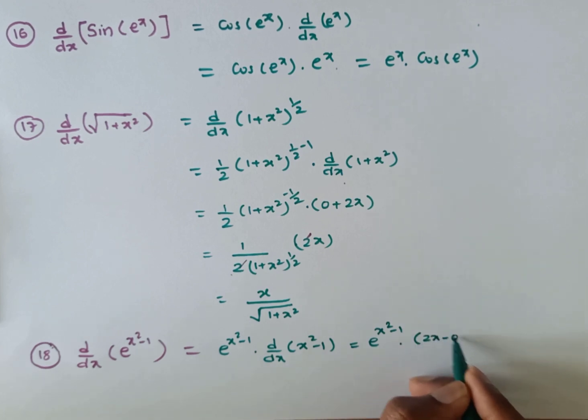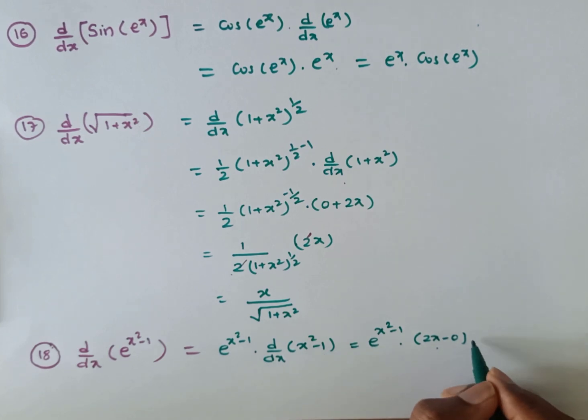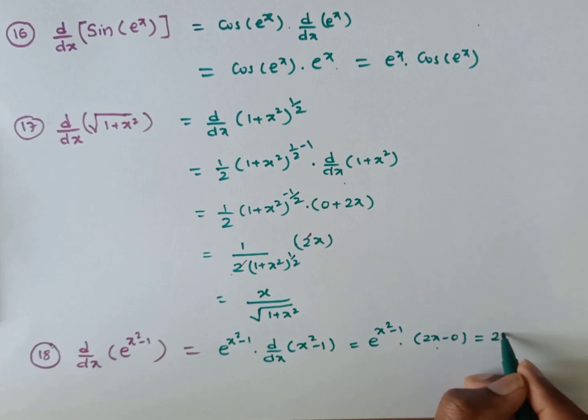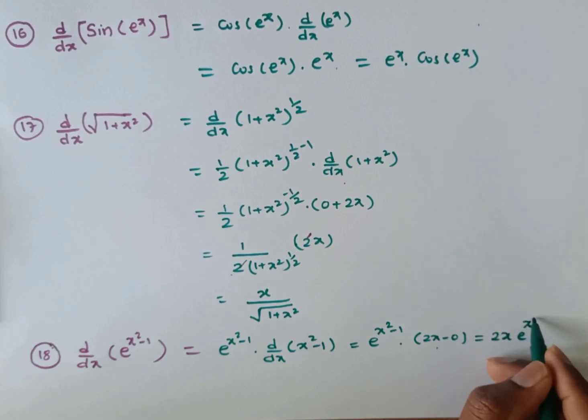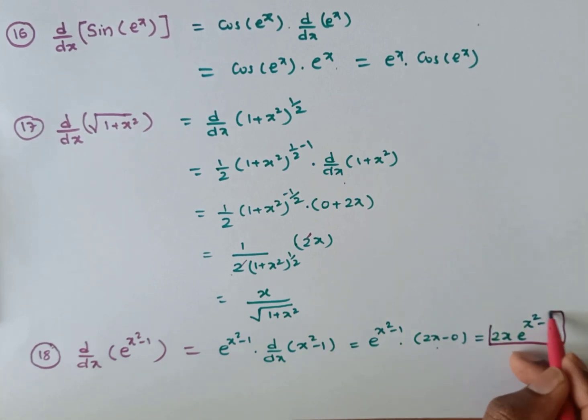That is e power x square minus 1 into 2x minus 0. Derivative of x square is 2x, derivative of minus 1 is 0, since it is a constant. So finally it is 2x into e to the power of x square minus 1. This is the answer for this.